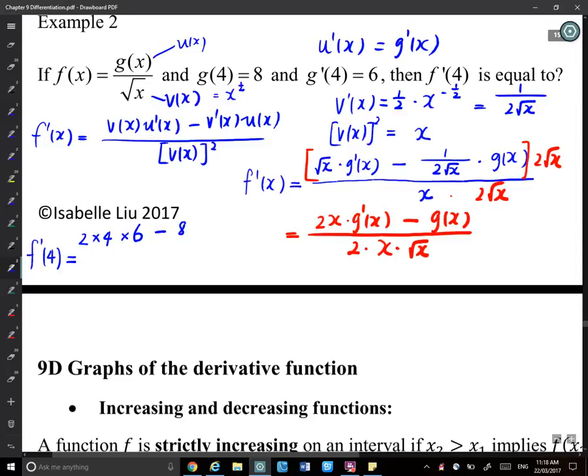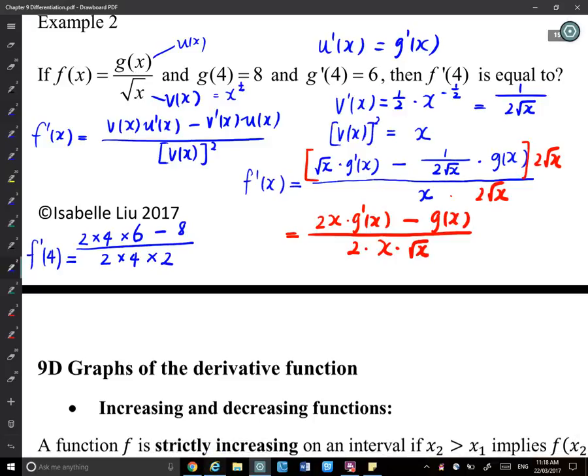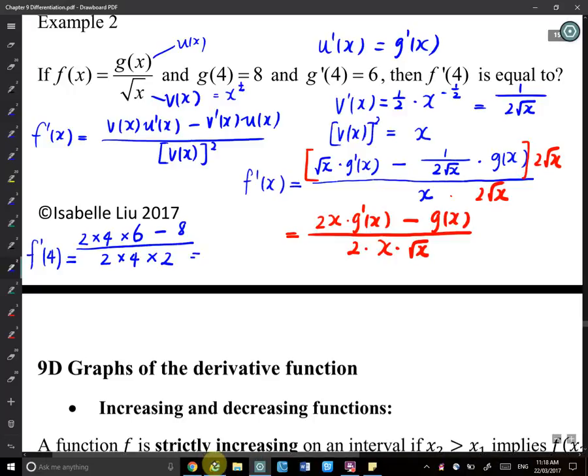G4 is 8, over 2 times 4 times root 4, which is 2. What is that equivalent to? 40 over 16.